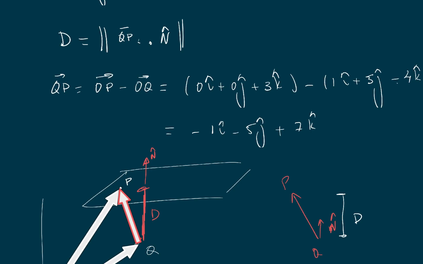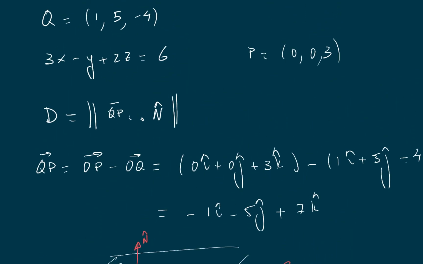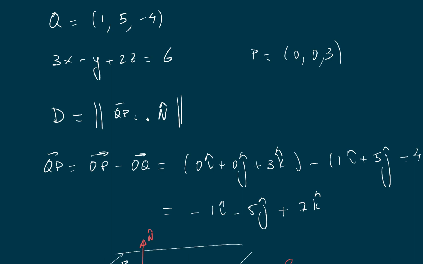Okay, let's do the problem. Find QP and find the normal vector. Finding the normal vector is very easy. I have the equation of the plane, and the normal vector is here, 3, minus 1, 2. If this is the normal vector, what is the unitary normal vector?